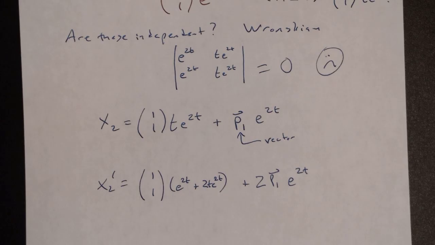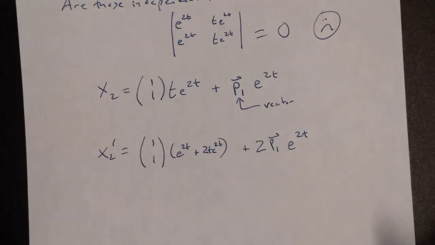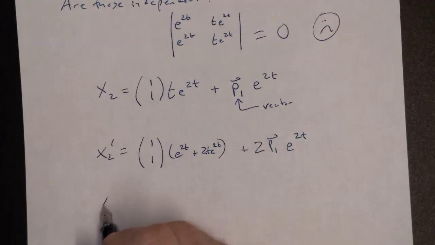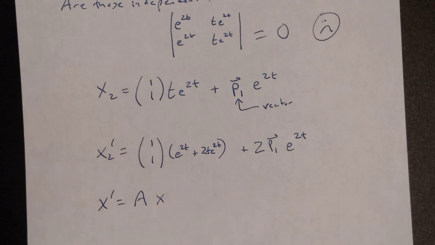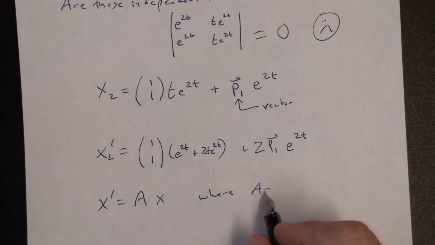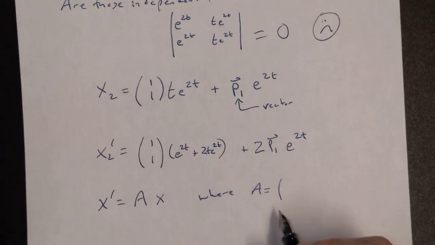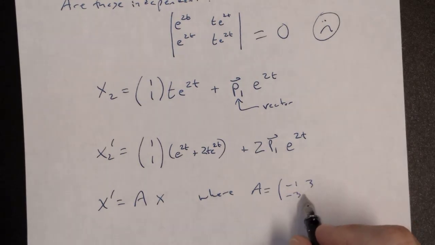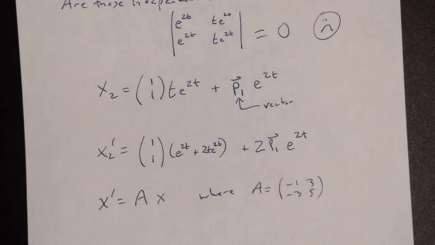Now, wait a second. We want x prime to be equal to A x, where A is our matrix. And in this case, that was the matrix above. Right? That was our differential equation.